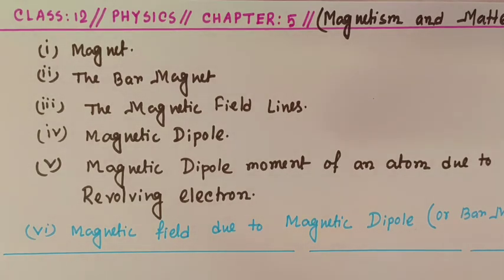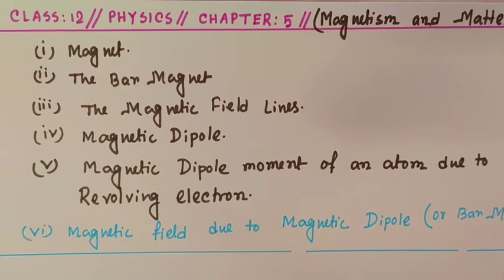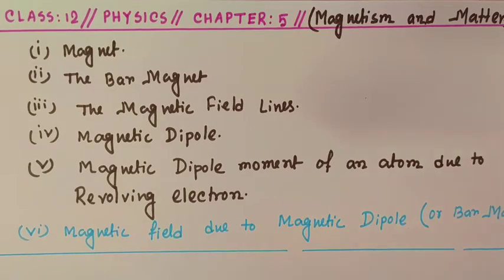First we have to know what is a magnet, then the bar magnet, the magnetic field lines, magnetic dipole moment of an atom due to revolving electron, and the last one, magnetic field due to a magnetic dipole or bar magnet. So let's start our discussion.